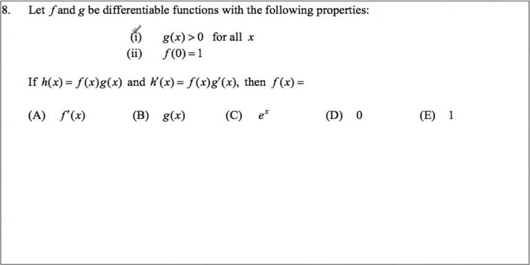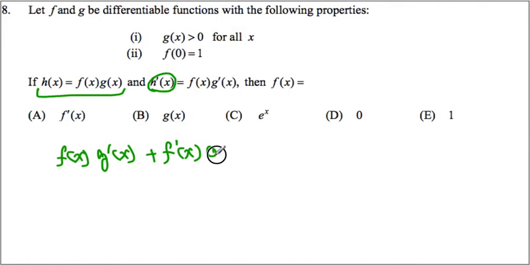Number 8, f and g are to be differentiable. So g is positive here, and f of 0 is equal to 1. Now, using this one, we should be able to figure out the h prime. What is h prime here? By the product rule, we get f of x times g prime of x plus f prime of x times g of x.